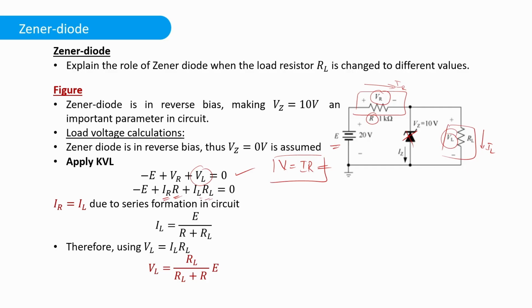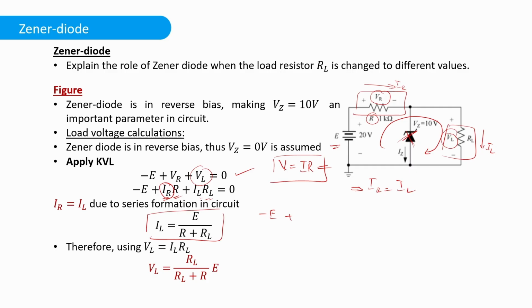Now, in this case there is no Zener diode, so this is a series circuit. In a series circuit, the current throughout the circuit is the same, so IR is equal to IL. I will replace IR with IL and derive the equation.